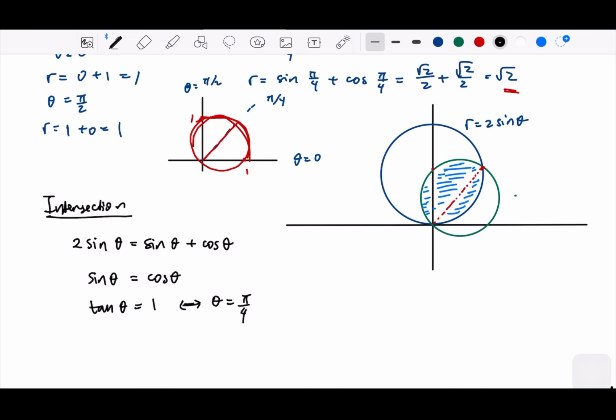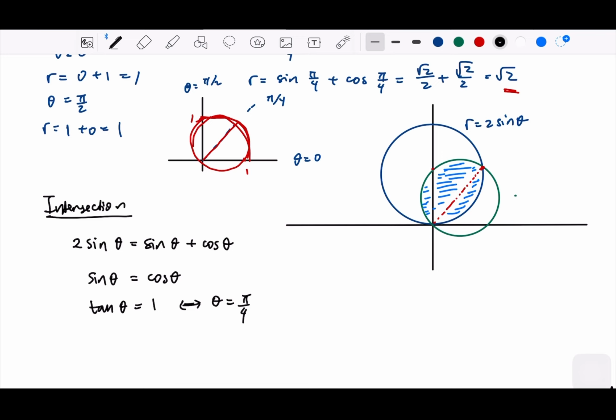But tangent is also positive in the third quadrant, right? The third quadrant, which means it's pi plus pi over 4, right? Or no? 3 over 4. Oh, wait, not this one.